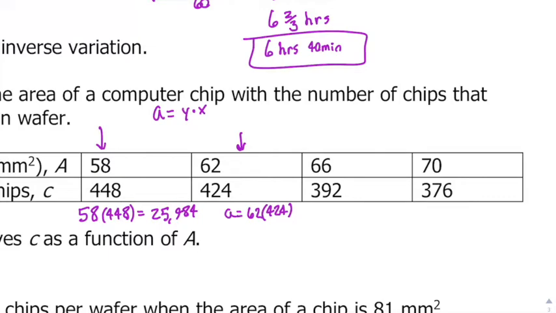Times 424 comes out to 26,288 right there. So actually it's close, but it's not exactly the same here. Interesting. 66 times 392 is about 25,872. And I guess we have 70 times 376. This one comes out to 26,320.